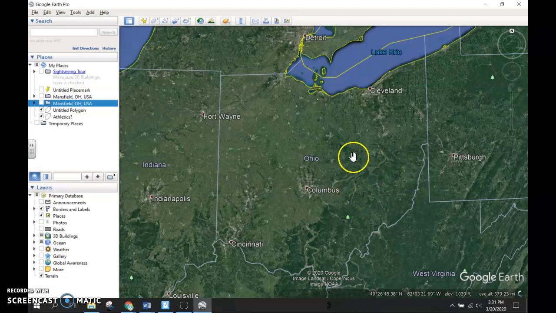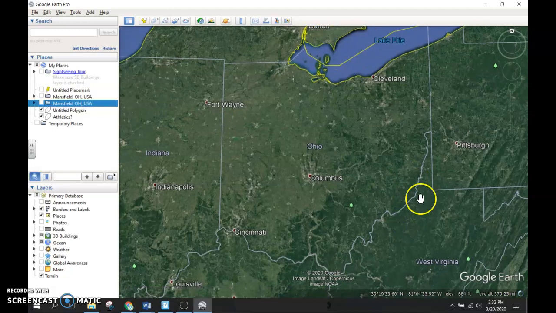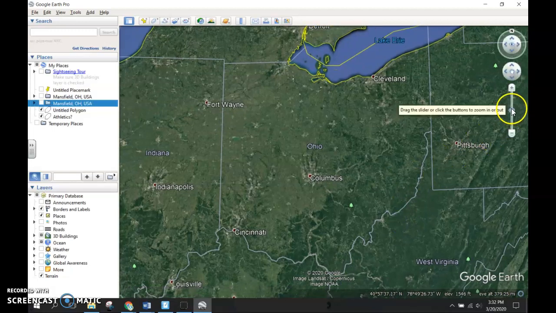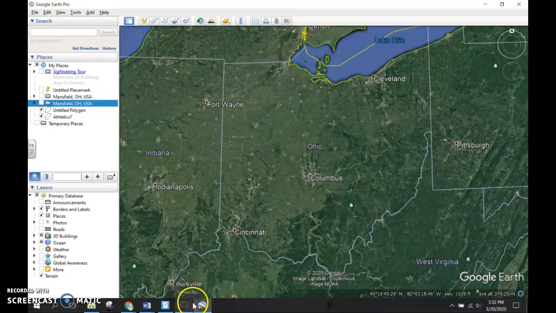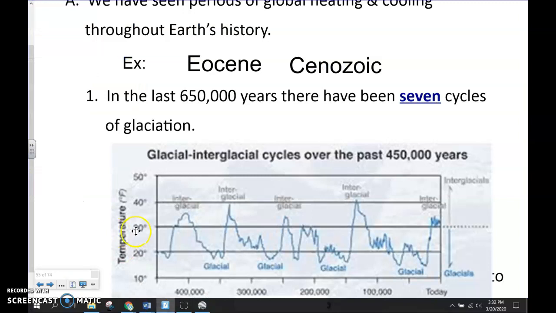So it's not as hilly in our area. I know it seems like it could be hilly, but if you were to continue further south and go into West Virginia and Kentucky, you would know what hilly means, right? A lot of twists and turns there. So those are what were created by those glaciers.